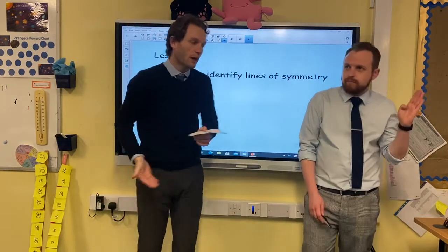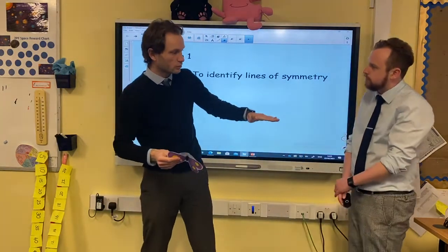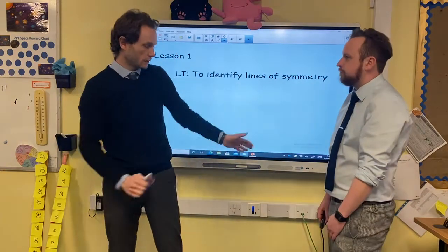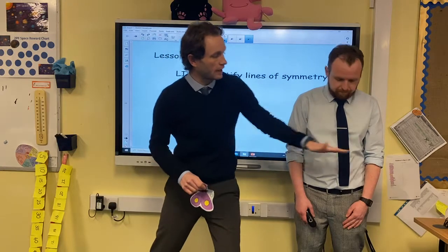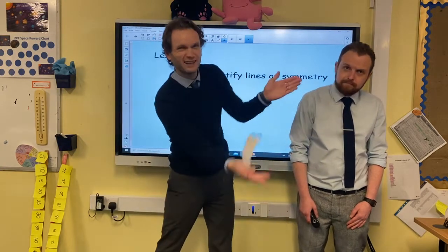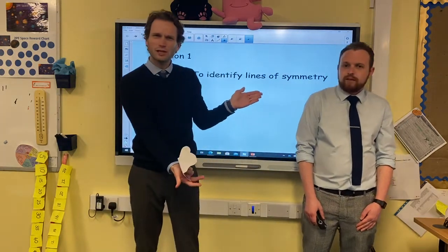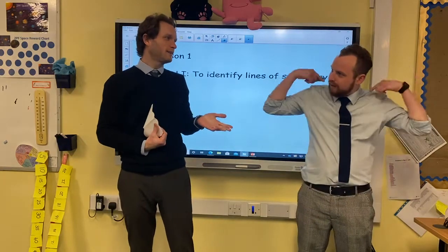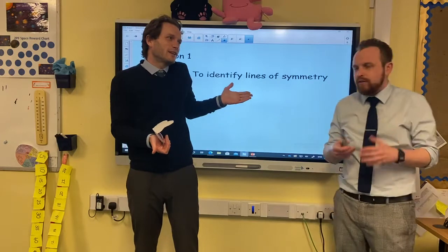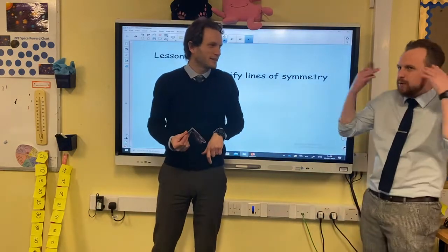But if I were to draw a line across the middle of you and try to fold you that way, would that be a line of symmetry? No, because I haven't got a head down here, I haven't got two legs sticking out at the top. Exactly, it wouldn't be the same. The bottom of you isn't a mirror image of the top.